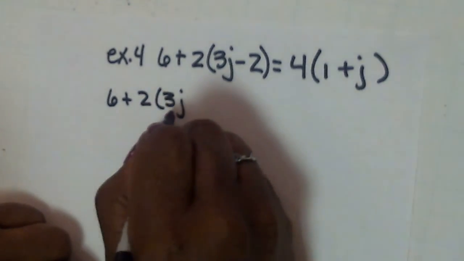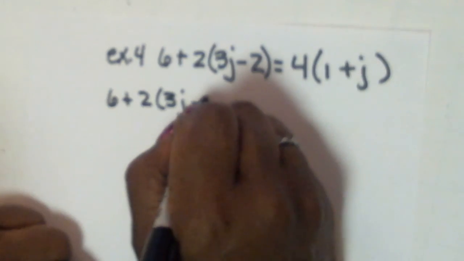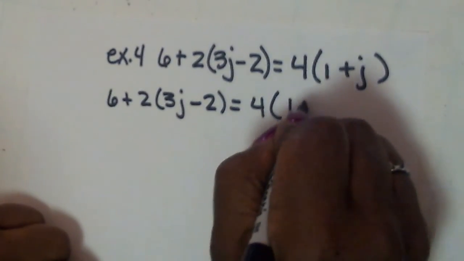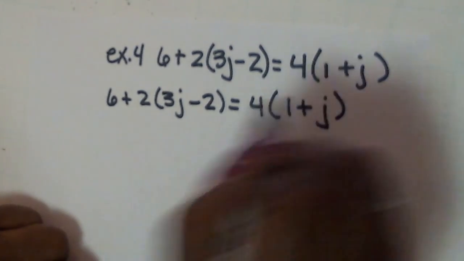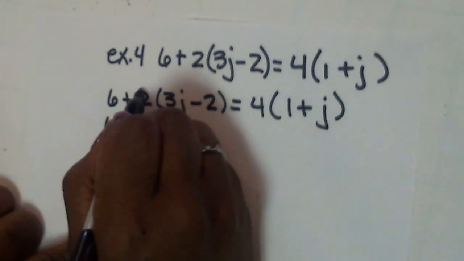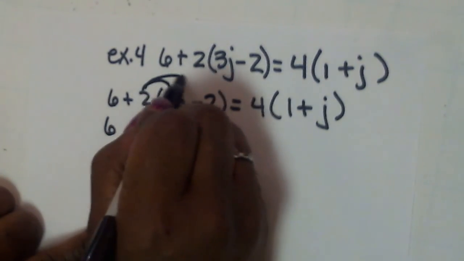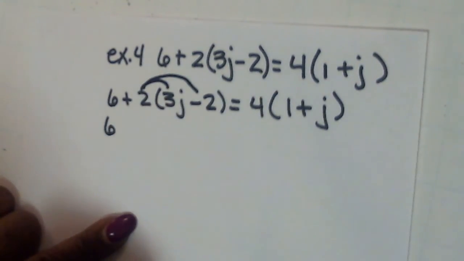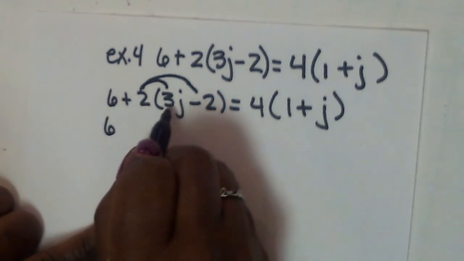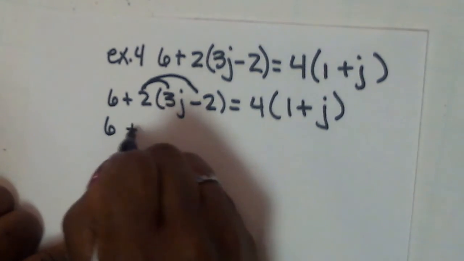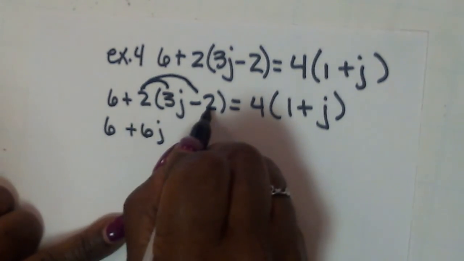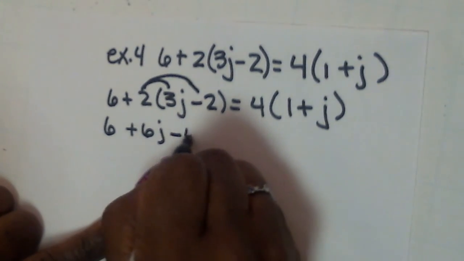6 plus 2 times the quantity of 3j minus 2 equals 4 times the quantity of 1 plus j. So I'll bring the 6 down, and let's do the multiplying. I draw my lines to keep me focused so that I remember I need to multiply both terms. 2 times 3j is 6j, and 2 times a negative 2 is negative 4.